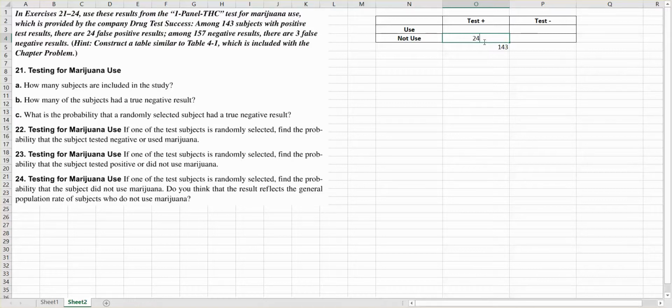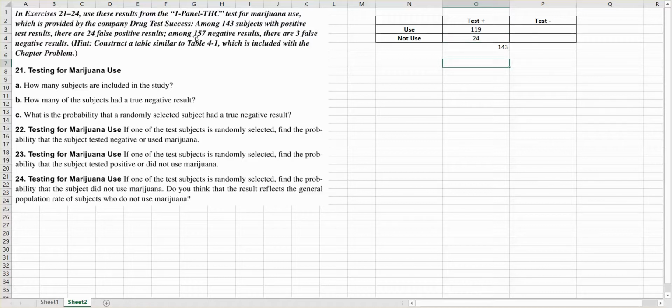So there's 24 in this category. Well, if there's 24 that didn't, and we had a total of 143, if we take the difference of those, that will give us how many were true positives. So 119 plus 24, there's our 143.